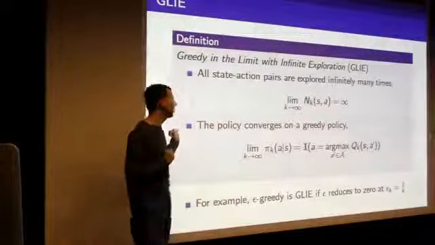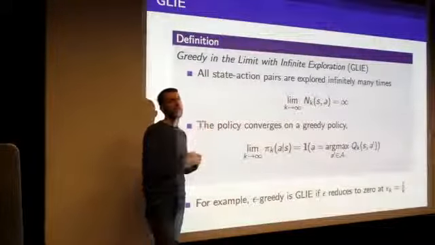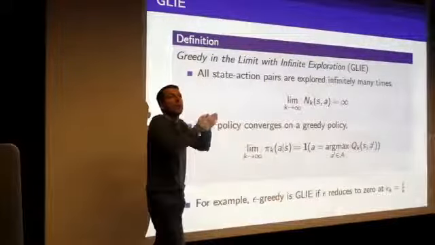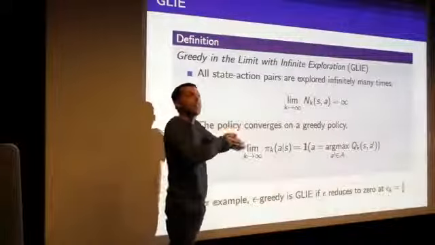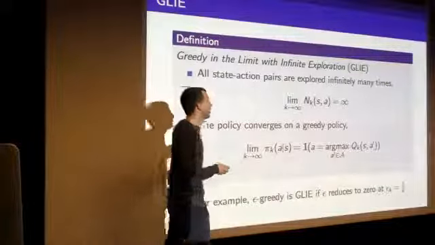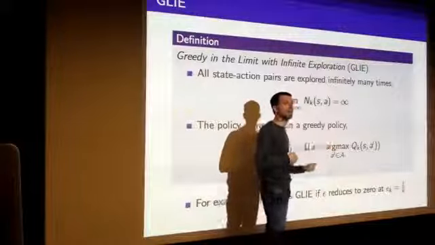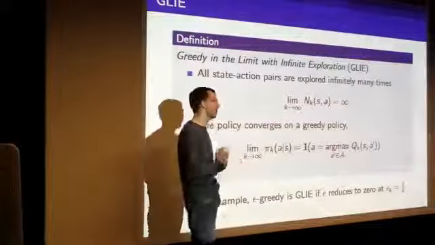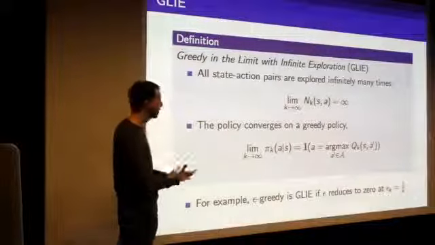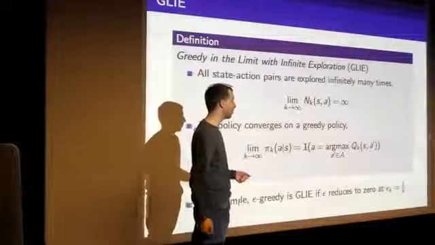And the second property is that we want to make sure that the policy eventually becomes greedy. It needs to become greedy because we need this to satisfy the Bellman equation. The Bellman optimality equation requires a max in there, not just some soft thing. We want to make sure that eventually we're acting greedily with respect to Q, and we're really taking the max, or the argmax, of our Q values. One way to achieve this, by no means the best way, but certainly one simple idea, is to choose an epsilon greedy policy and just decay epsilon slowly towards zero.